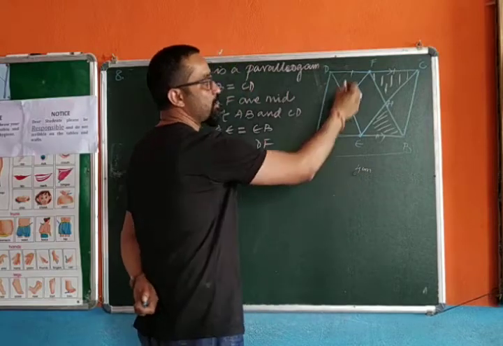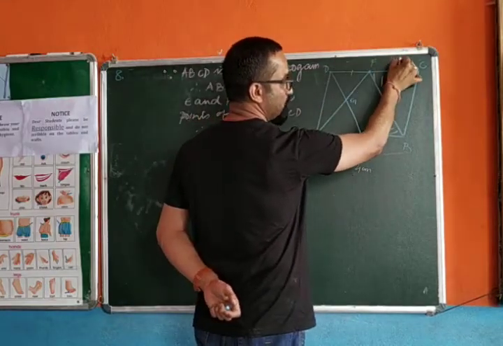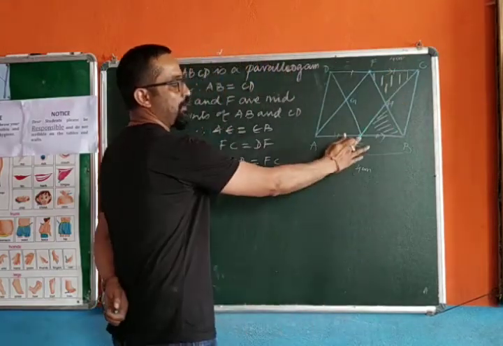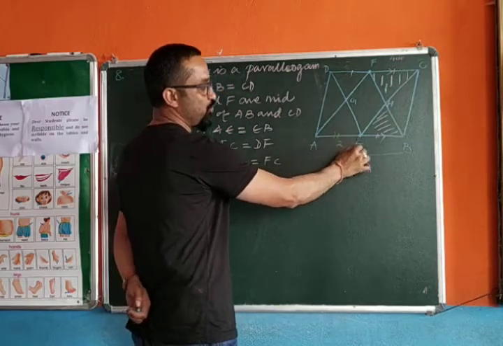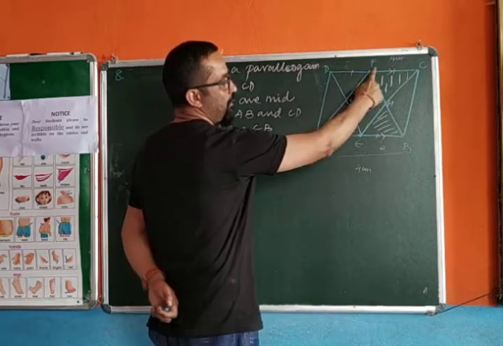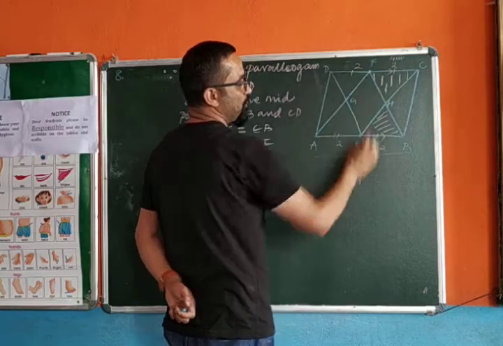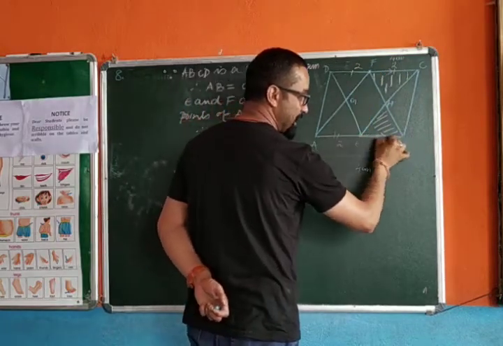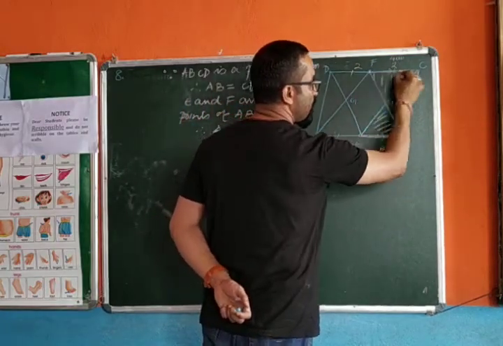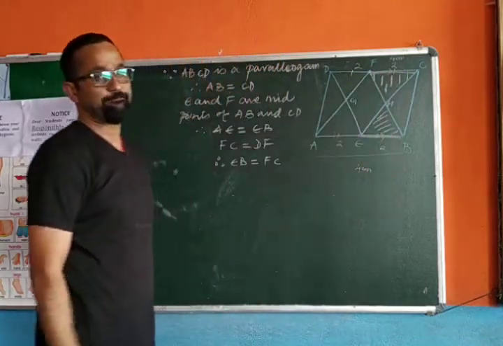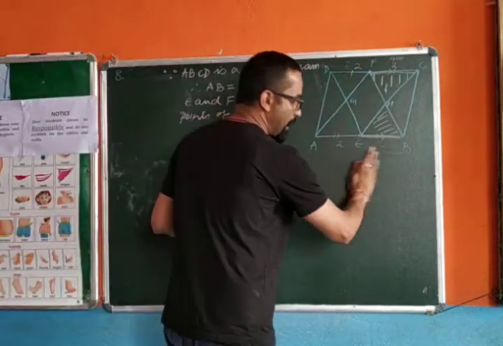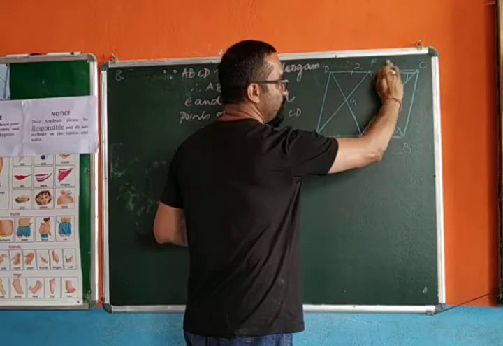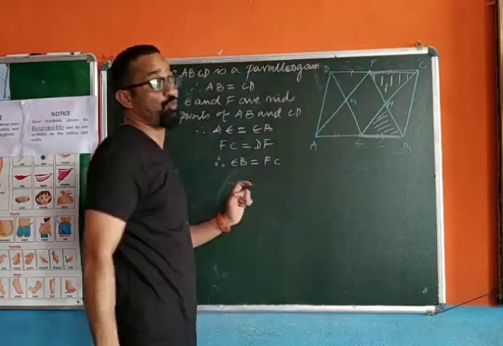So if AB is 4, this CD will be 4. EB is the midpoint, which means 2, 2. Therefore, we can say this side EB is equal to FC. But you have to use a statement to prove it. You can't take numbers and prove it.